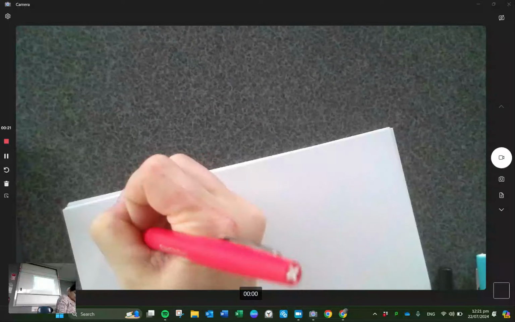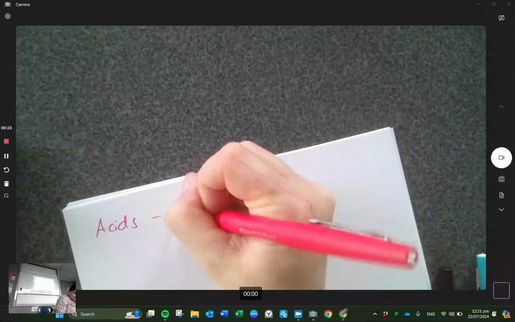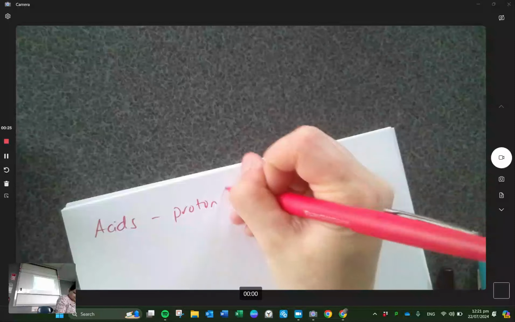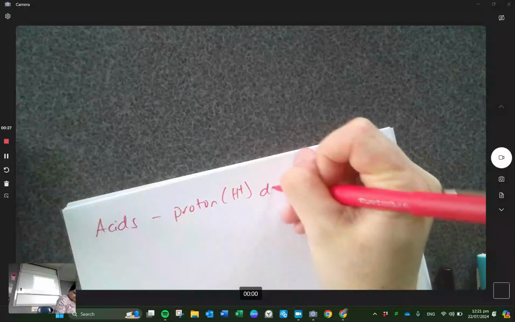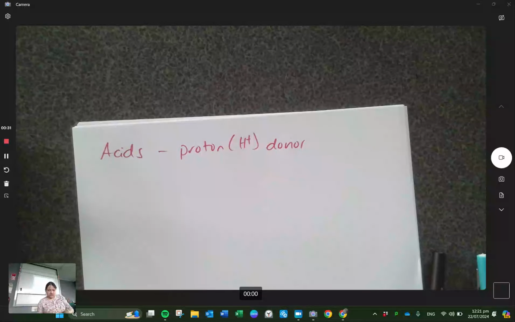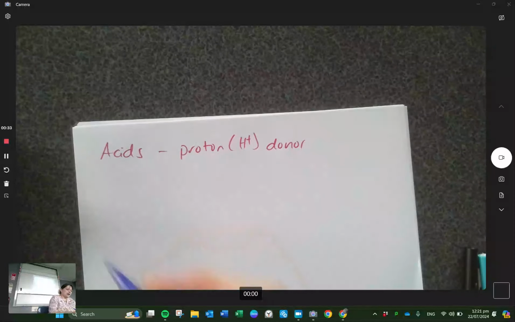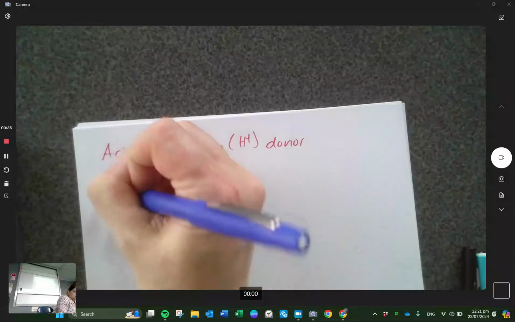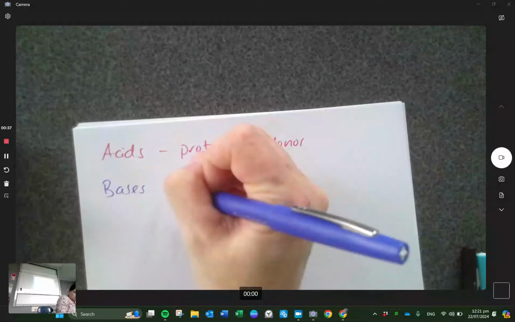All right. So, some things to keep in mind that we've learned so far today is that an acid is a proton donor. Acids, proton donor. So they give that off in solutions. Bases, on the other hand, and I'm trying to color code it with the colors you guys would see with acids and bases when you use a universal indicator.